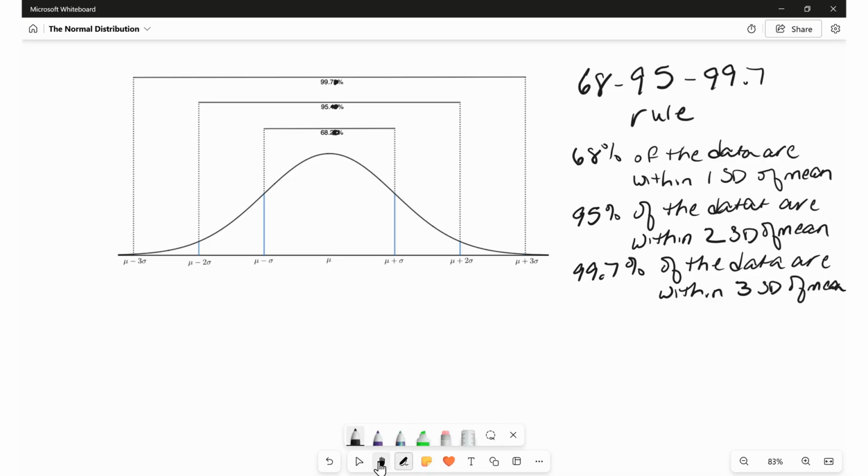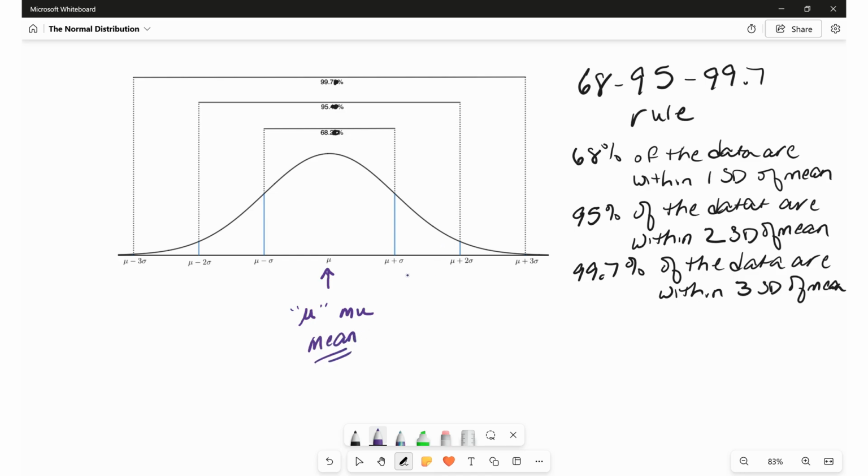So what we're saying, and let me go ahead and just point out some things. This kind of weird looking U, this is the Greek letter mu, which means mean.